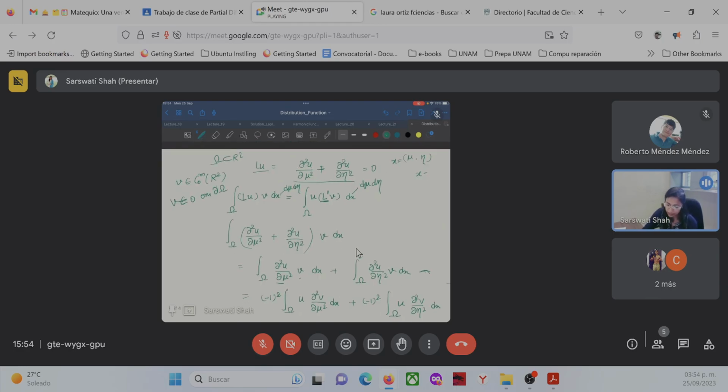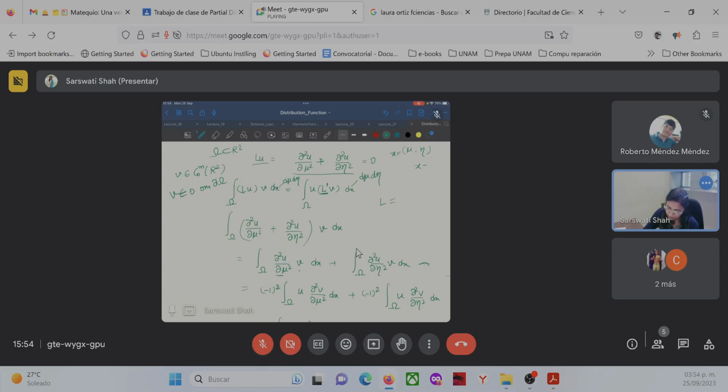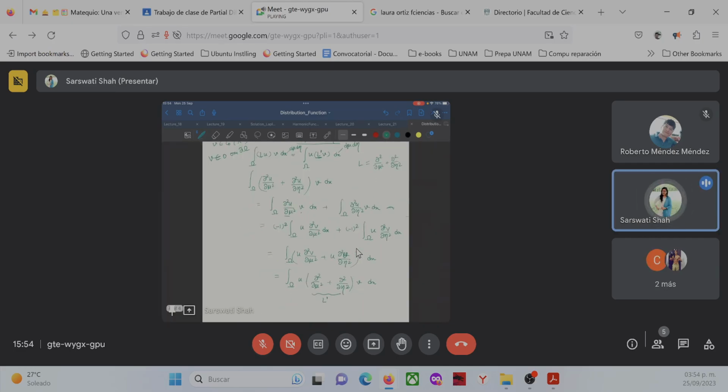And what was our L? Can anyone tell me what is L? The second derivative with respect to mu plus the second derivative with respect to eta. Right? So what is the difference between L and L dash?